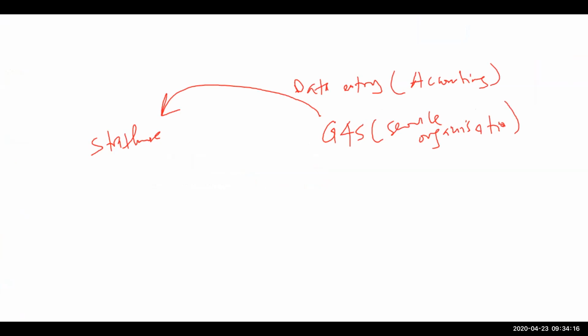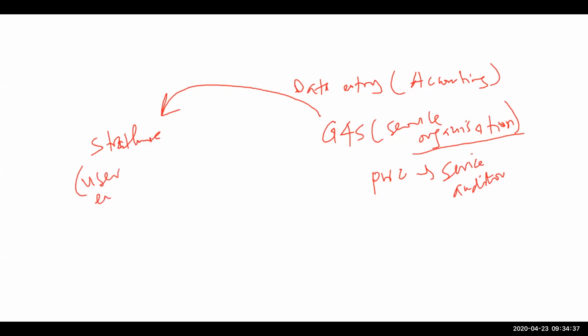If G4S is audited, let's say by PwC as an example, PwC in this context becomes the service auditor. Now, Strathmore is using the work of a service organization, therefore they become the user entity.